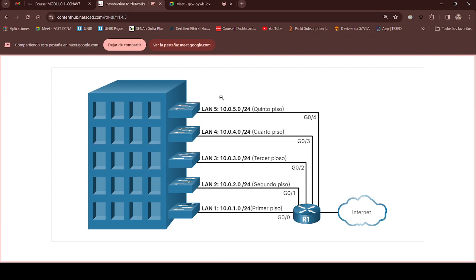Por ejemplo, aquí vemos una red dividida en 5 switches, interconectados a un router, y a nivel lógico o de IP están divididos en la LAN 5, que tiene la dirección 10.0.5.0/24, esa es la dirección de la red. La LAN 4 tiene la dirección 10.0.4.0, la 3 10.0.3.0, la 2 10.0.2.0 y la 1 10.0.1.0.